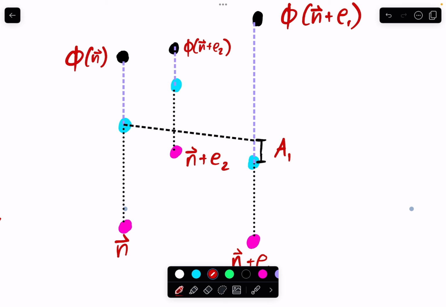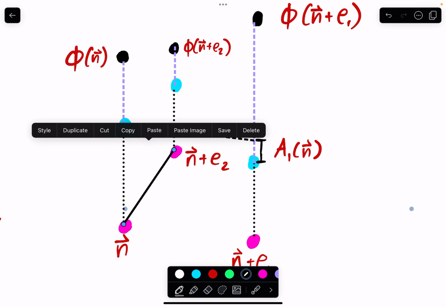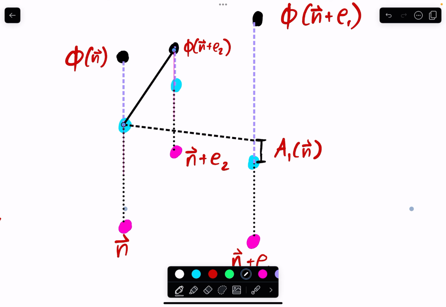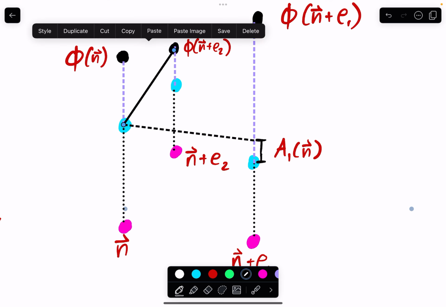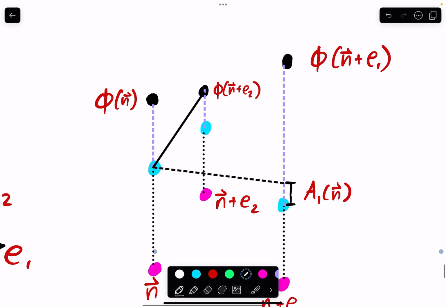This is A1 n. And this value right here, if this goes straight, you can see there that this distance here is A2 n.